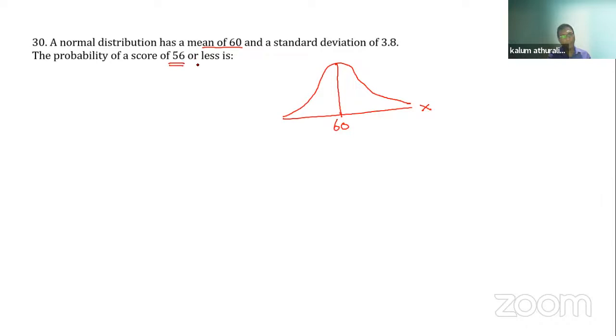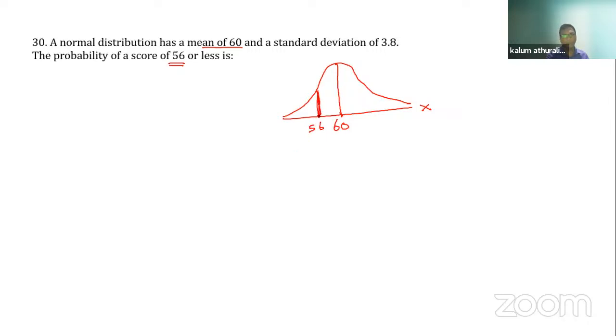Now we find the point at 56. Here is 60, and 56 is below 60. So we take 56 here.